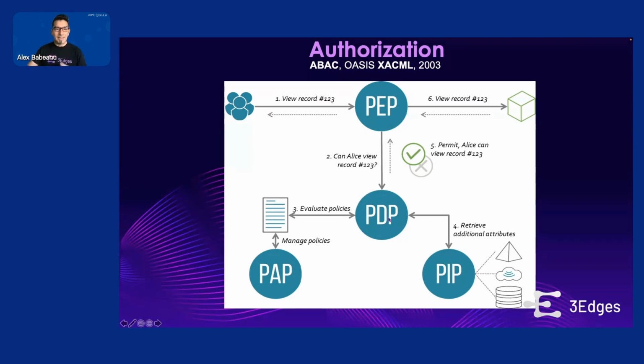This PDP evaluates access policies that it gets from a PAP, a policy administration point, essentially a store for your policies, and also can look at some data through a PIP, a policy information point, to retrieve extra attributes. And using those policies and data, the PDP computes a decision, returns the decision to the PEP, which grants or not access to the resource.